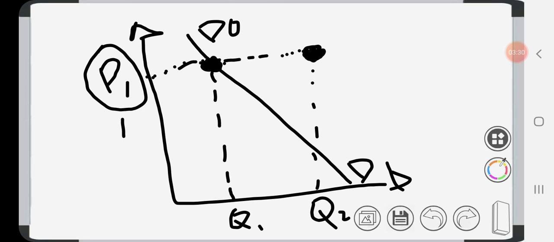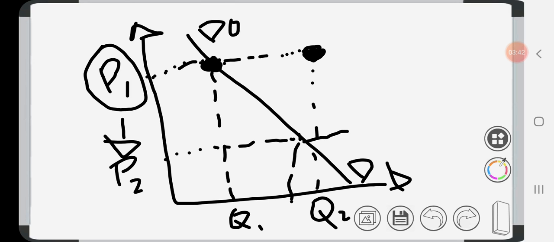Now, even if we were to move our price down to P2, yes, our quantity will increase. It would have been here, but it will be a bit more than that at another point. Further than where it was.